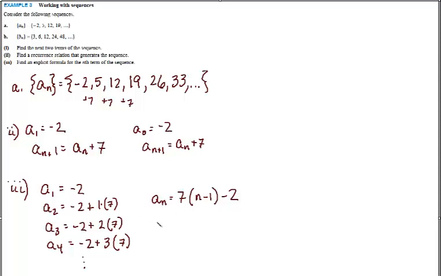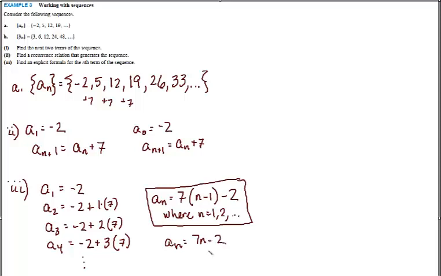Really doesn't make any difference, but you do have to have a starting spot. So I'll just go ahead and say where n equals 1, 2, dot, dot, dot. That's one way to write it. Or you could have written, if you write this out this way, a sub n is 7n minus 2, where n equals 0, 1, 2, dot, dot, dot. Either way you write it, both are correct.